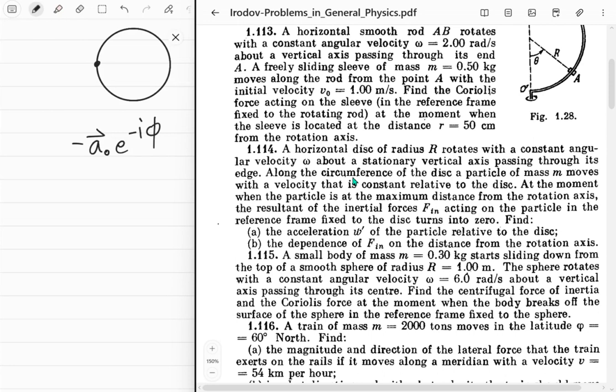And then when you rotate it clockwise by phi, what does that actually do? It's just shifting everything back basically. That probably makes sense. The thing is that this acceleration has multiple components.